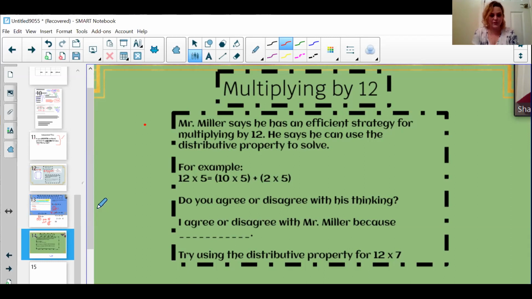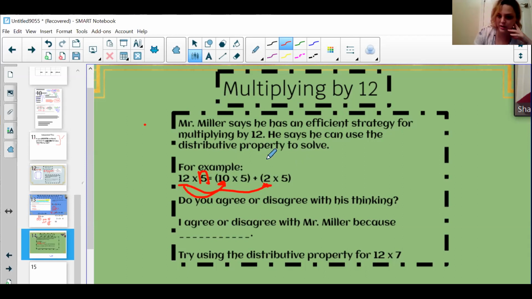He said 12 times 5 is equivalent or equal to 10 times 5 plus 2 times 5. And it looks like he took the 12 and he decomposed it into a 10 and then into a 2. And that he multiplied both of the numbers that he decomposed by 5, which is the other factor.